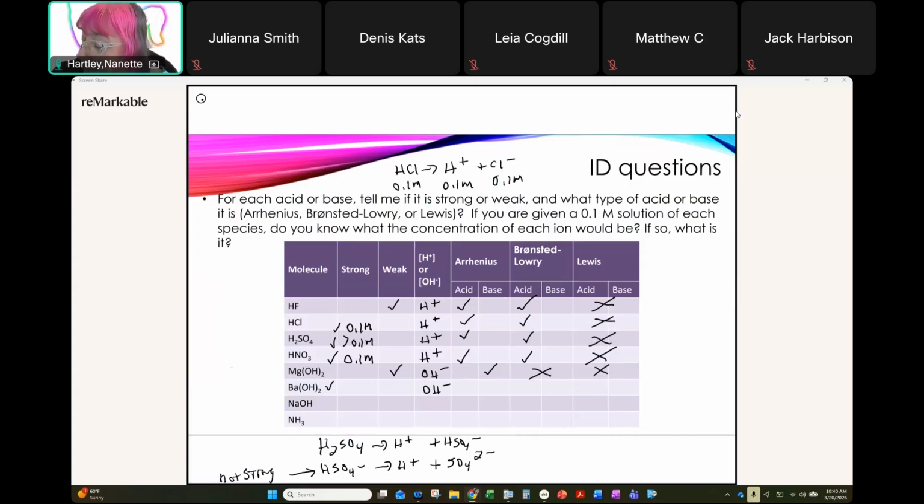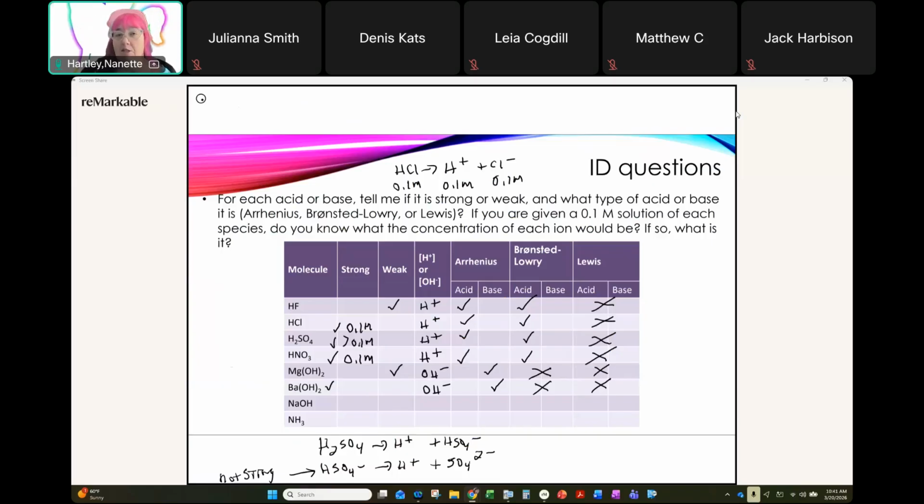So it acts as an Arrhenius base because it donates that OH minus. But its ability to pick up a proton is a secondary part of that, so it doesn't, by definition, fit the Bronsted-Lowry or the Lewis. It can act that way when it reacts with something else, but unless it's in that reaction, it wouldn't fit that definition.